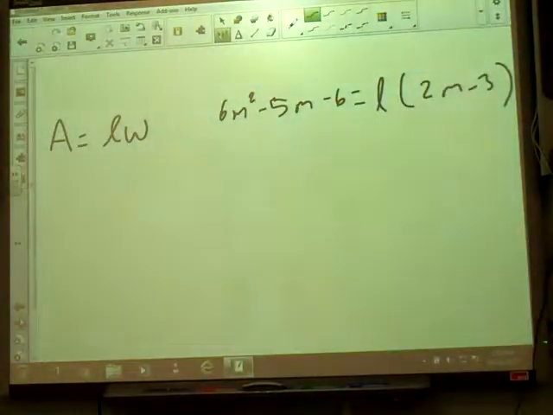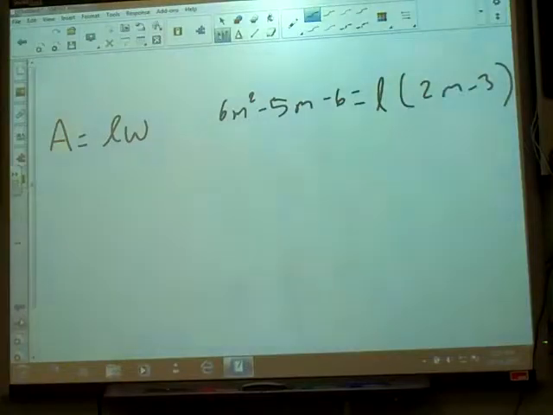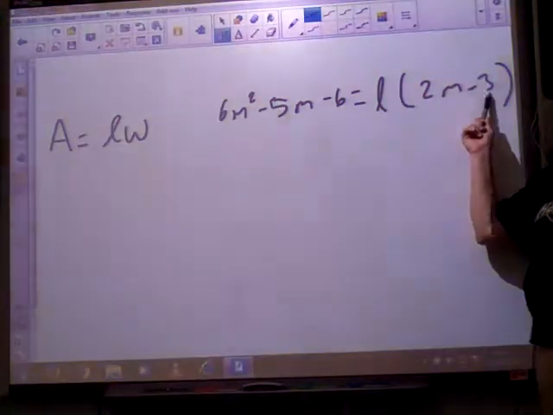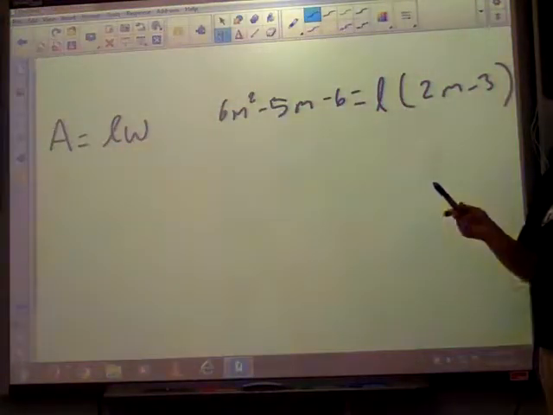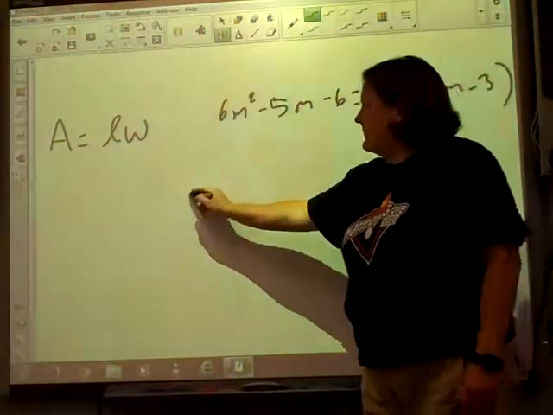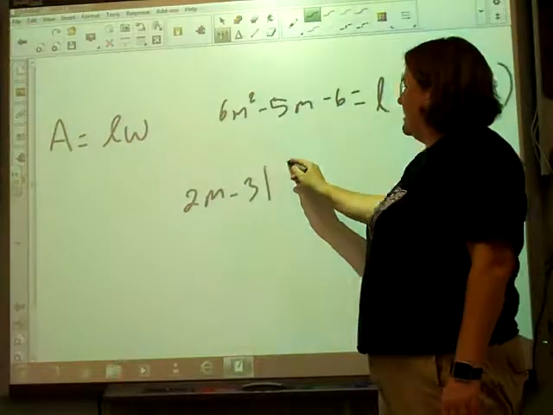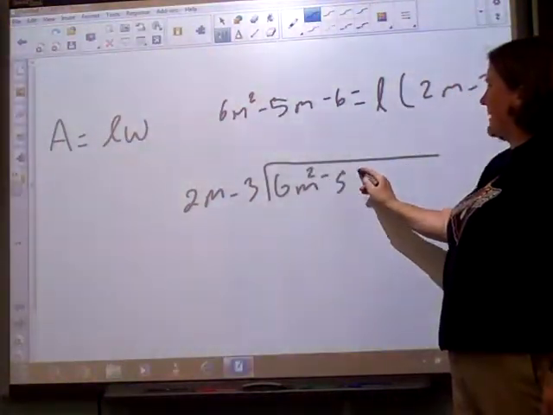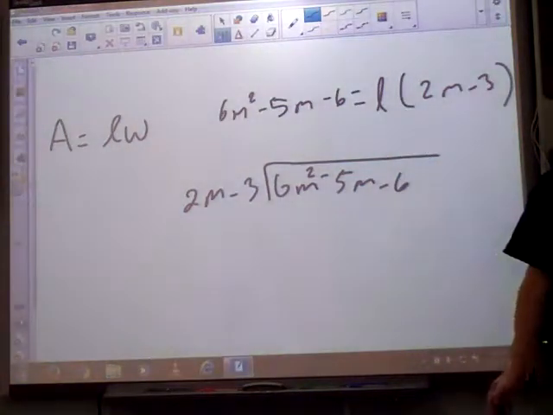So what you were doing to solve that, the way I solved it, my length is being multiplied by this, so I did that by dividing, just like a normal equation. So I set it up as 2m minus 3, then I have my 6m squared minus 5m minus 6.